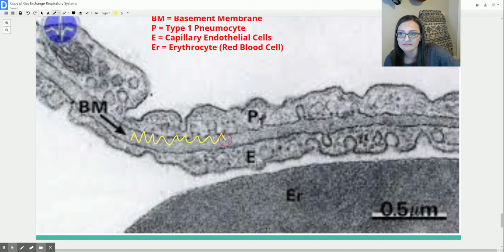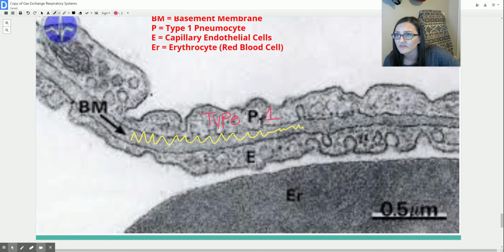This is your basement membrane that's trying to protect the structure of the alveoli. Let's see if I can change colors really fast. This right here is going to be your type 1 pneumocyte. So you can really see that gas exchange right there.